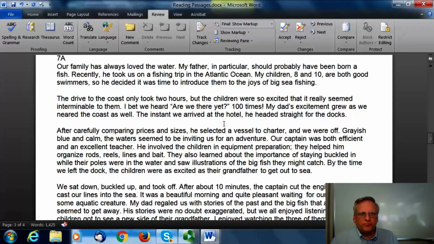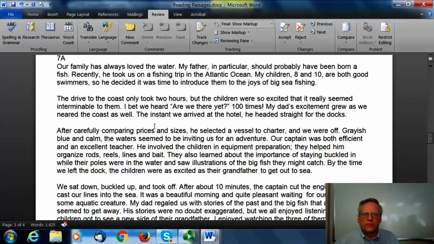Our family has always loved the water. My father, in particular, should probably have been born a fish. Recently, he took us on a fishing trip in the Atlantic Ocean. My children, 8 and 10, are both good swimmers, so he decided it was time to introduce them to the joys of big sea fishing. The drive to the coast only took 2 hours, but the children were so excited that it really seemed interminable to them.